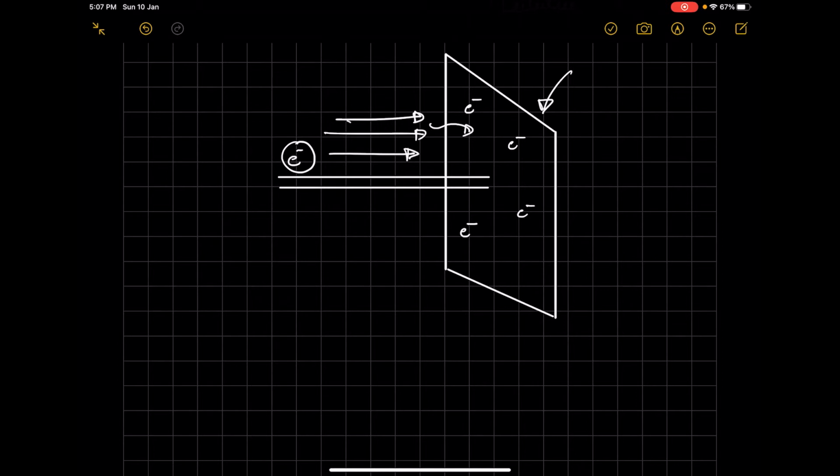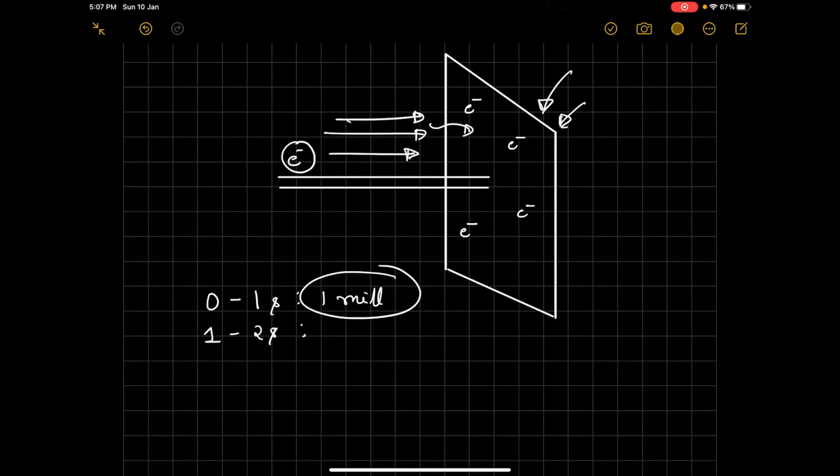So let's assume in the first 1 second, this is just an assumption, that 1 million electrons accumulated on this plate. And from 1 second to 2 seconds, the number of electrons that are going to get accumulated on the plate will be less than the previous number.